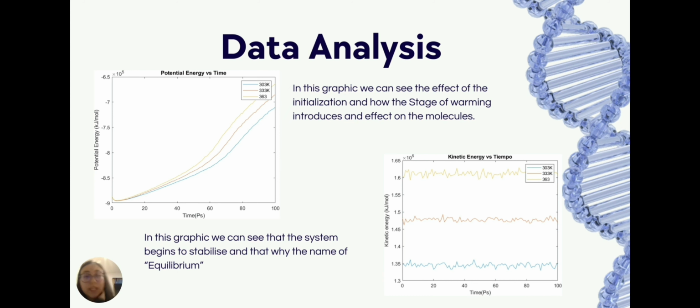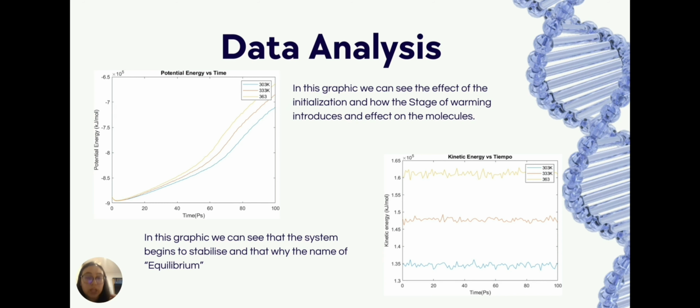To end with the data analysis, we could see that in the equilibrium stage there are not many variations, because the system is beginning to reach equilibrium, so it tends toward kinetic movement.